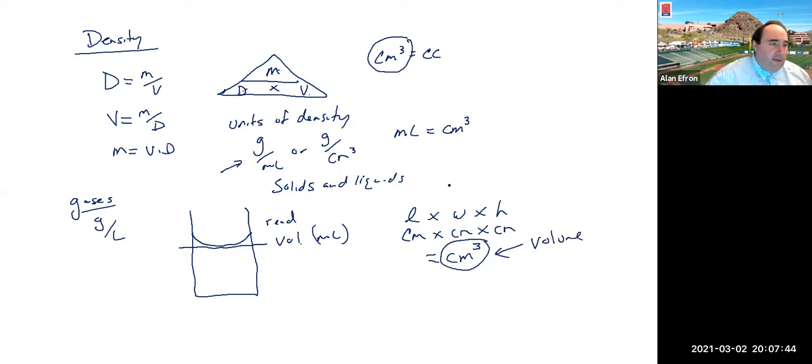Typically when you cube a length measurement, cubic centimeters, decimeters cubed, millimeters cubed, whatever it may be, it goes from a length measurement into a volume measurement. So that's a common way to get the volume of a solid, by taking a ruler out and measuring a square solid, or a cube.